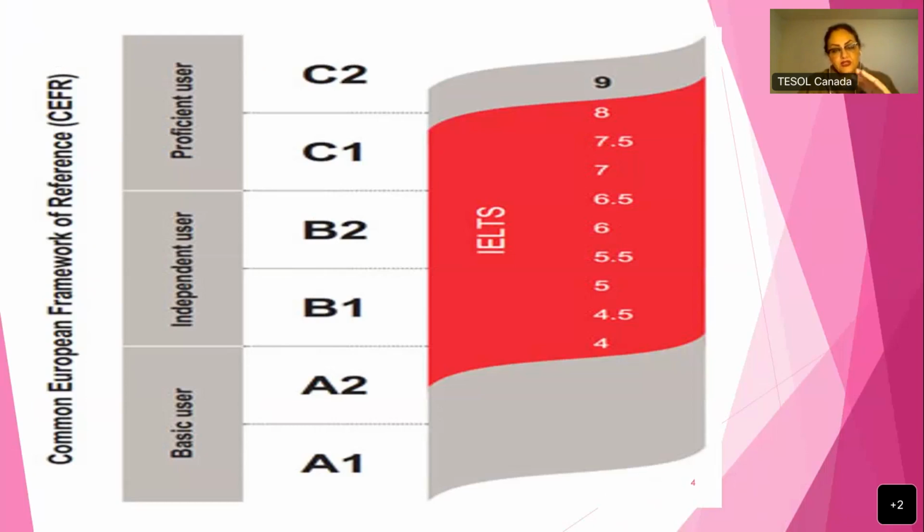Beginning of intermediate is usually 4.5. End of intermediate is 5.5, and 6 starts from upper intermediate. Advanced is 7. And CPE, which is native-like, is between 8 and 9.